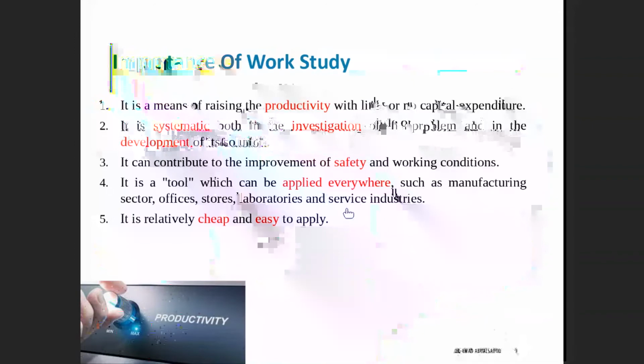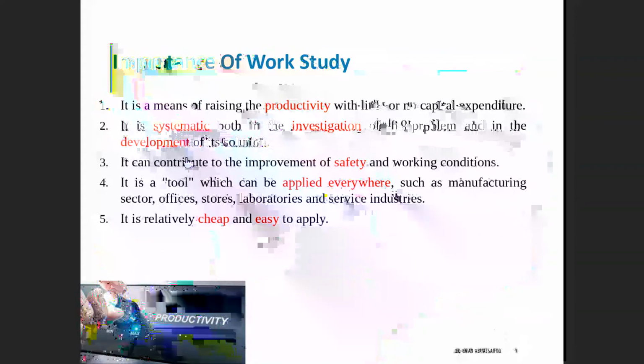Okay, the importance of work study, as we said, it improves productivity, and we will focus on this in the coming slide. But it has also other importance. As we said, it is systematic in the investigation and the development of the solution.